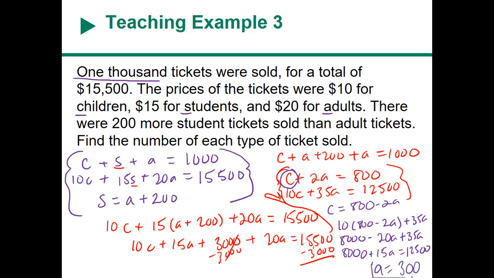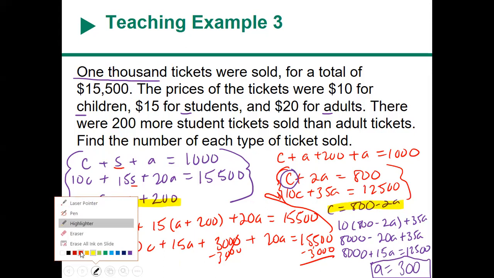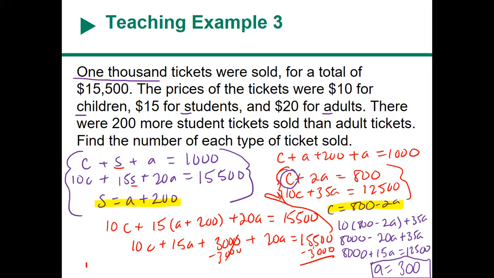So we know that there were 300 adult tickets sold. Now that I know how many adult tickets are sold, I can work backwards and solve. So now I know A, so I can find C. I know A, so I can find S. Does that make sense? So once I have that one variable, I can now use it to solve everything else.